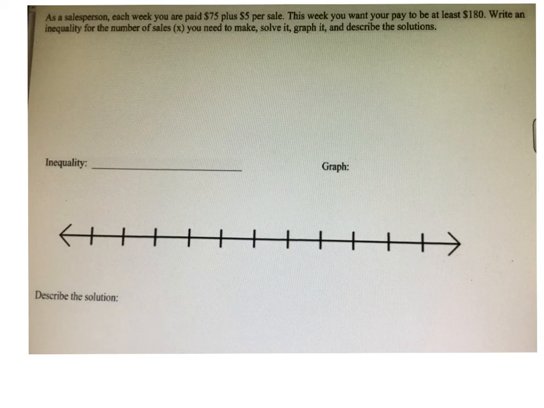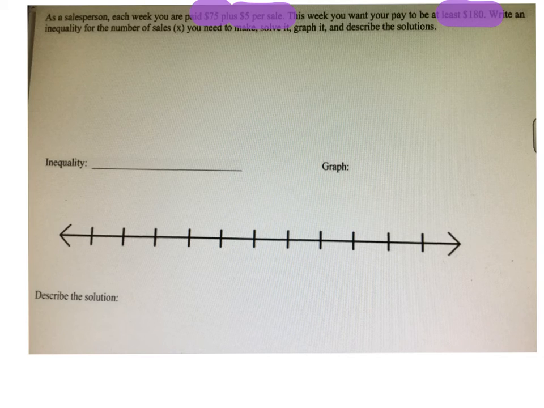All right, here's our last one, and you might want a calculator for this one. It says, as a salesperson, each week you are paid $75 and $5 per sale. This week you want your pay to be at least $180. I want us to write an inequality to show how many sales I'm going to need.